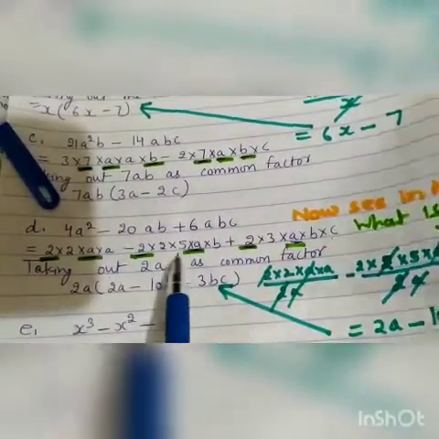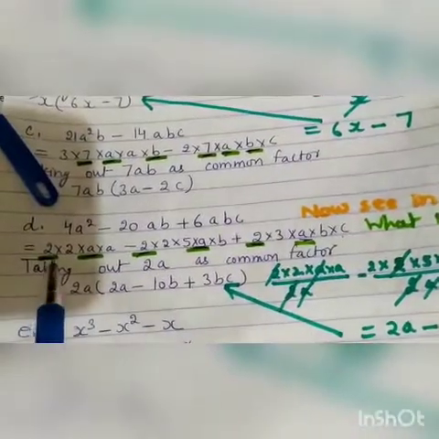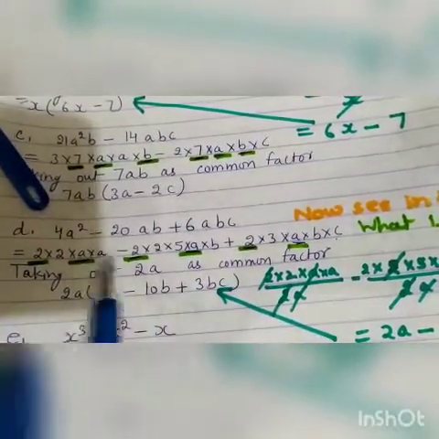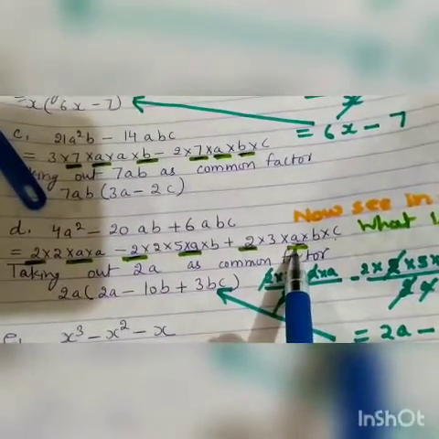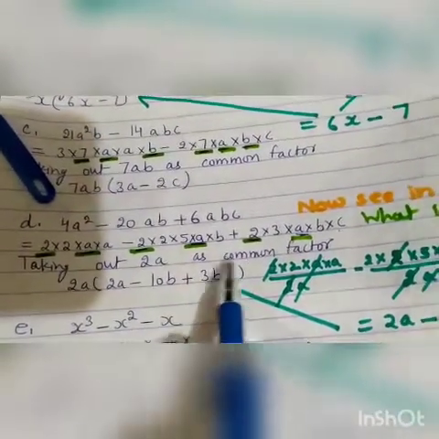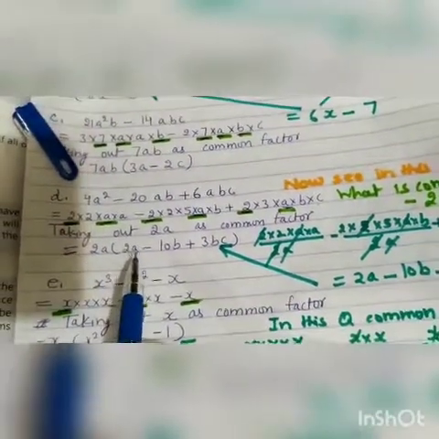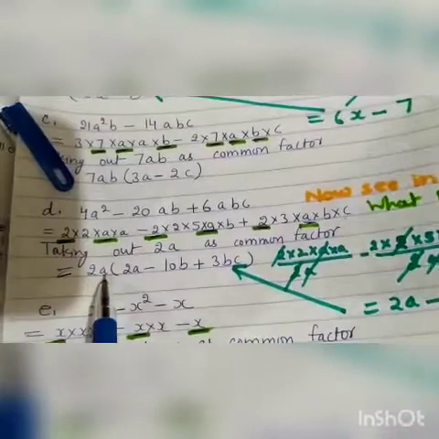Now compare all these three terms. What is common? This 2, then this a. Taking out 2a as common factor, we will write 2a here.